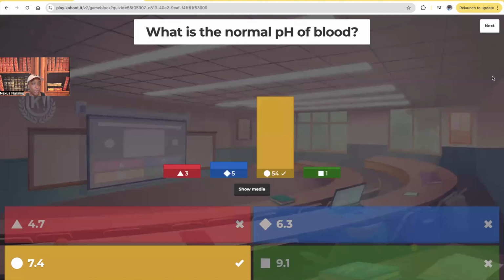Very good, 7.4. You guys on the live, let me tell you something. You better be careful with your decimals, because where you place that decimal, it makes a big difference. Okay, you're gonna mess around and kill your patient. So the normal range is 7.35 to 7.45. So if that's the normal range, the only number that falls within that normal range here on the slide would have been 7.4.